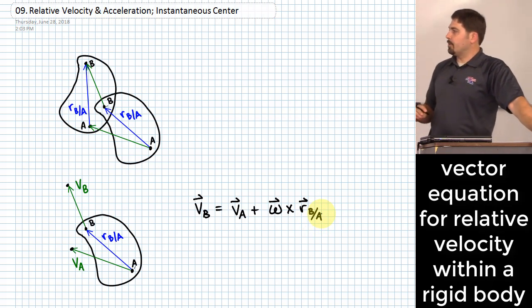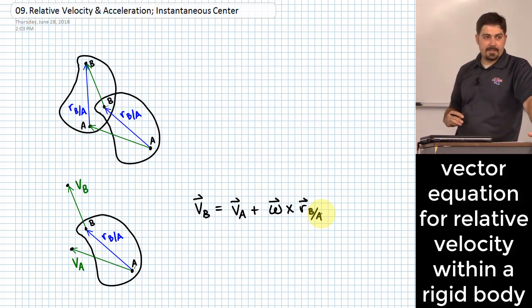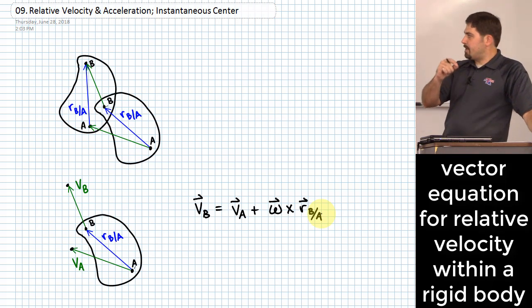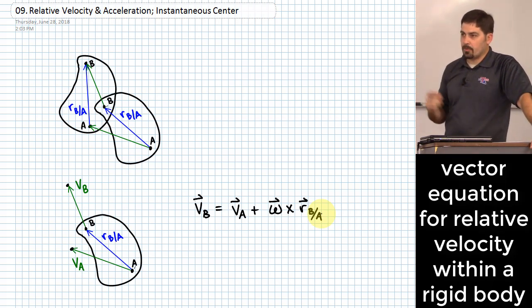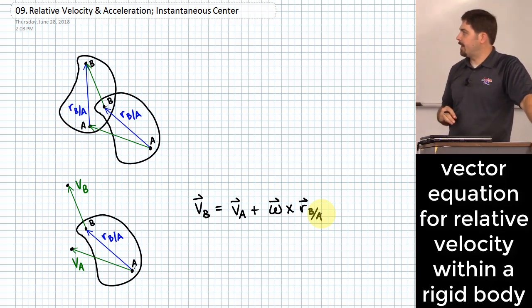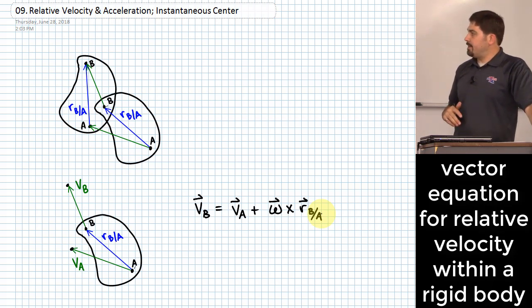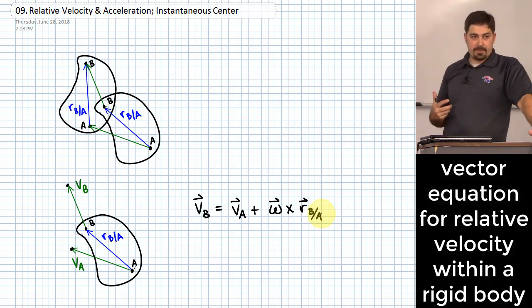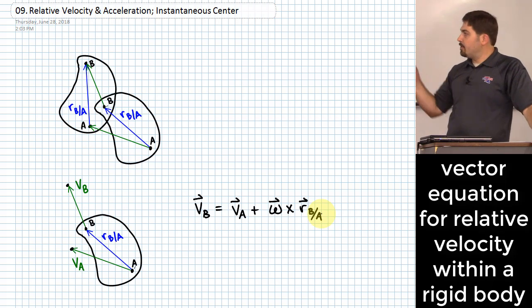The arrowhead going from A to B is the position vector of B with respect to A, or relative to A.